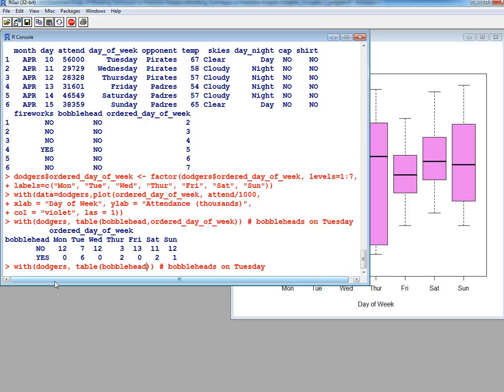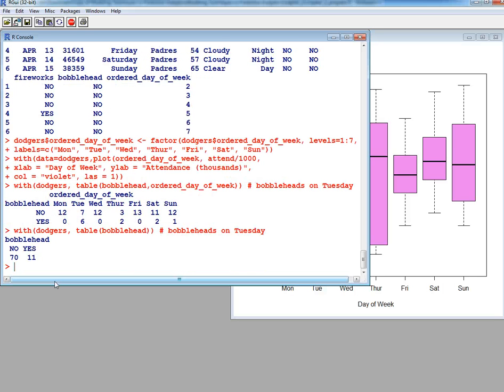What's that going to do? Okay, what is bobblehead? Oh, that's not going to be interesting, is it? Oh, there it is, yeah. Frequency. Okay, do you see what I just did? First of all, we did table, bobblehead, and ordered day of the week. But now I said, let's make it simpler.